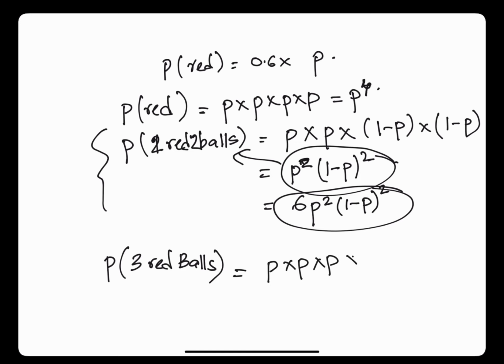So in that case, we have to multiply p, r times, and 1 minus p, n minus r times. And the number of combinations possible is given by nCr.